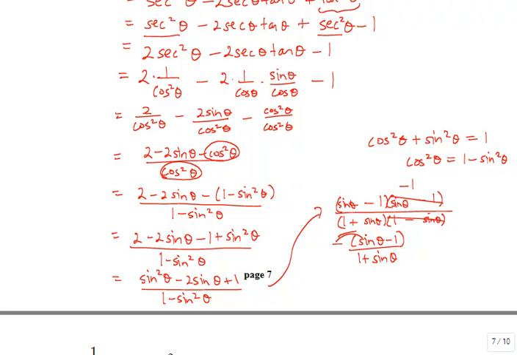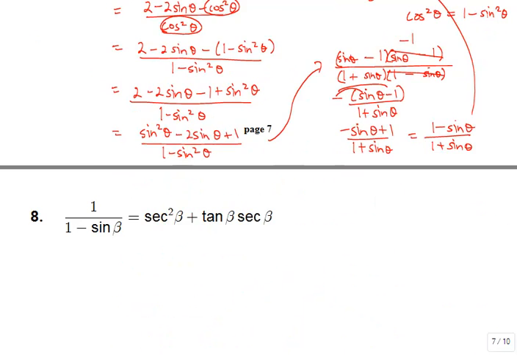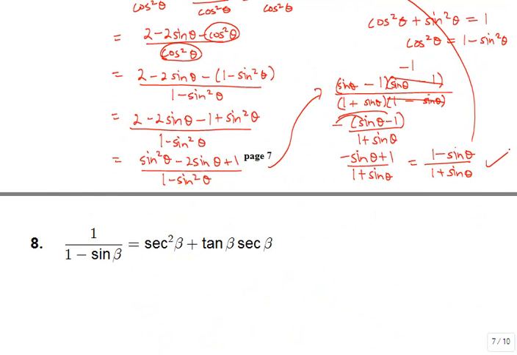And if you distribute that negative across, and then you switch your order around because addition is commutative, this becomes 1 minus sine theta all over 1 plus sine theta, and that is exactly what we were trying to get way over here. So we finally did get it.